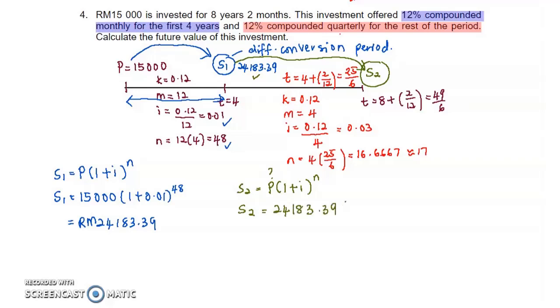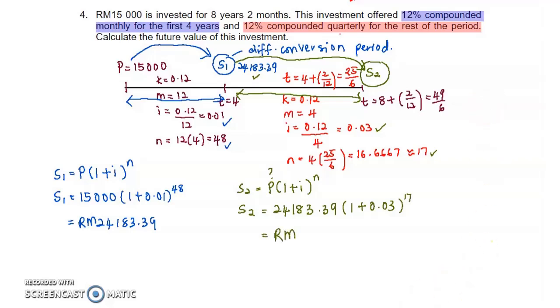24183.39 multiplied by (1 + i). Now we are calculating for another 4 years and 2 months. So i is 3%, and n is 17.